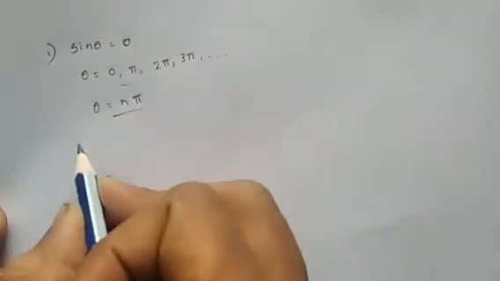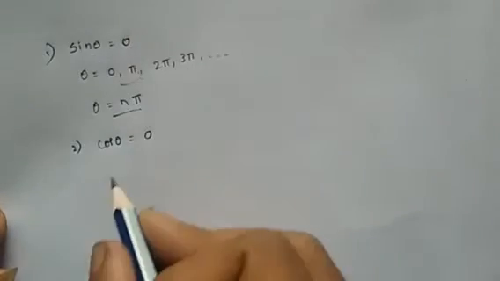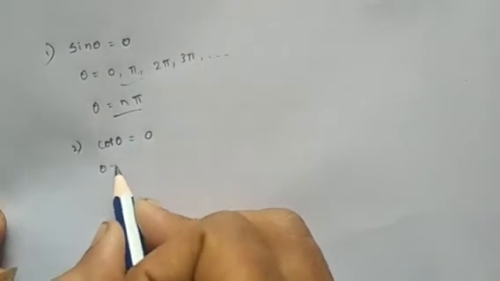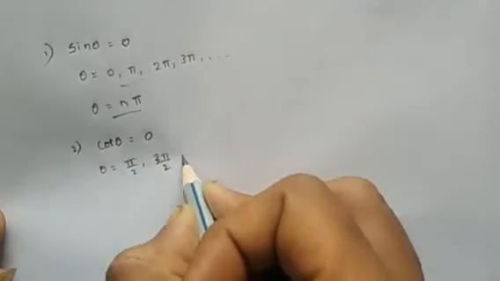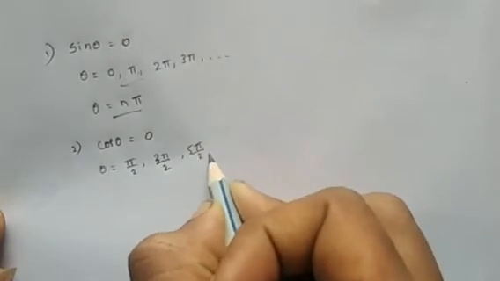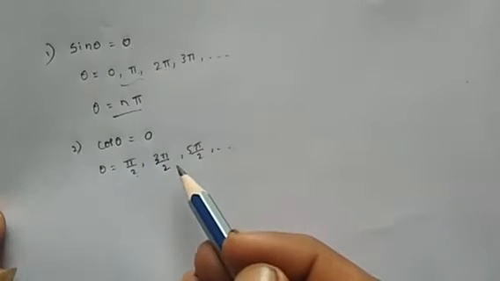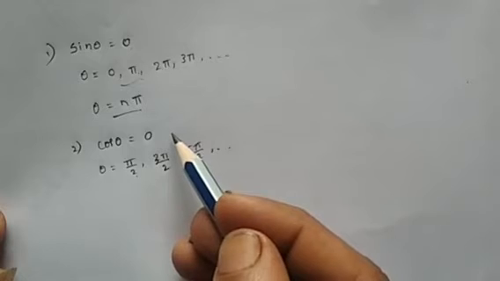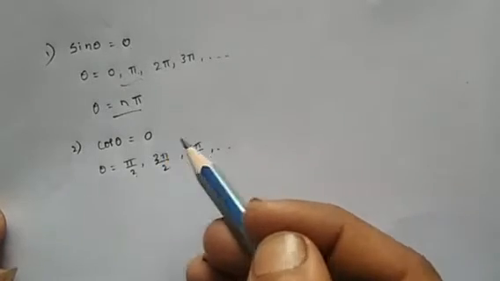Similarly, if cos theta is equal to 0, what about the theta value? The theta value is pi by 2, 3 pi by 2, 5 pi by 2, and so on. Cos 90 degrees is 0. Cos 270 degrees is also 0. Similarly, cos 5 pi by 2 is 0.